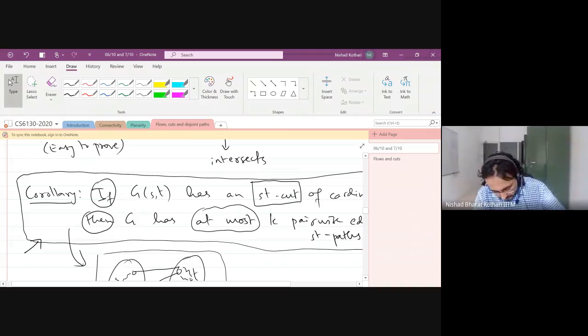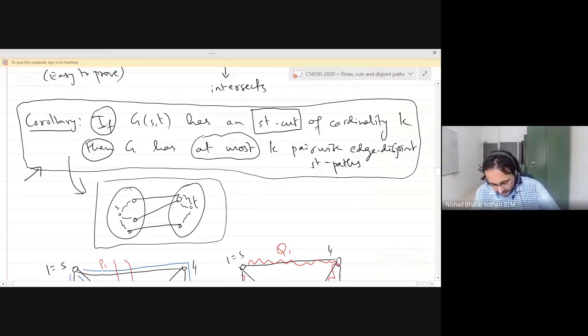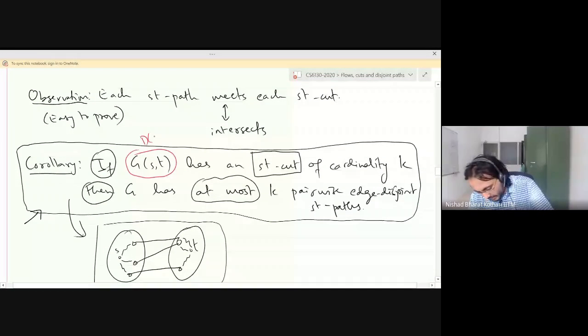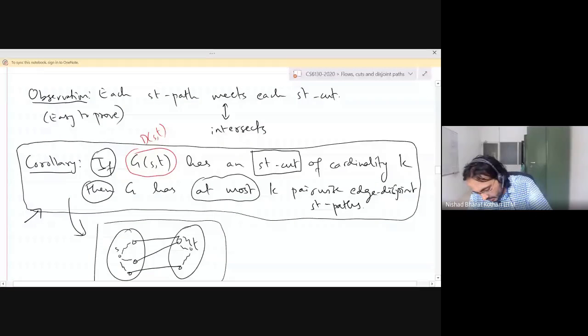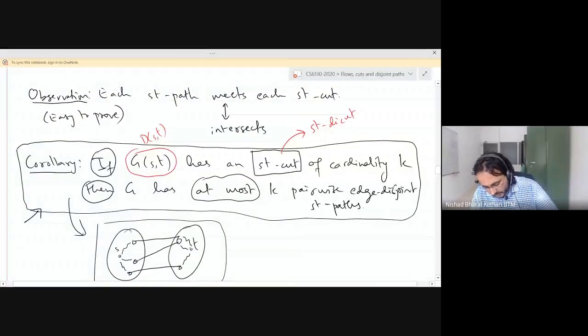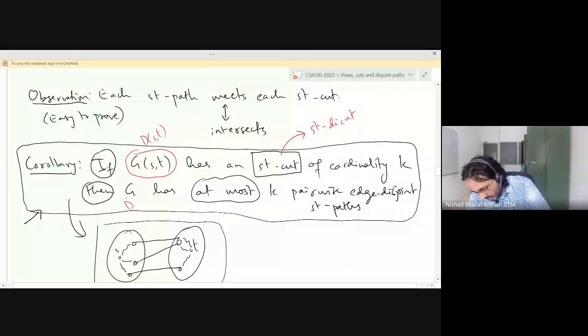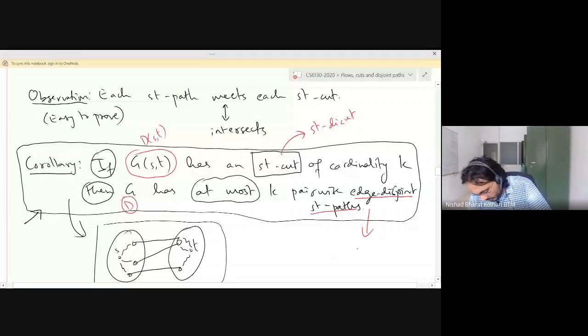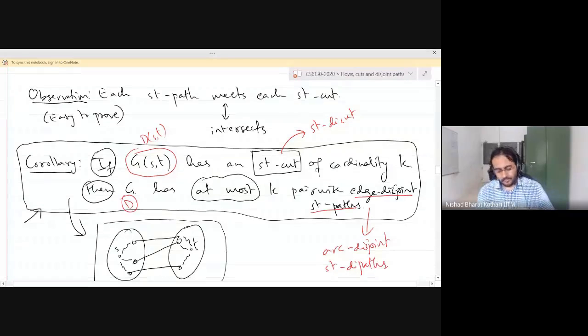So I'm going to make changes here. Whatever is written in red is for directed graphs. You change this to D, S, T, and if you have an ST dicut, then D has at most K pairwise arc-disjoint ST dipaths.